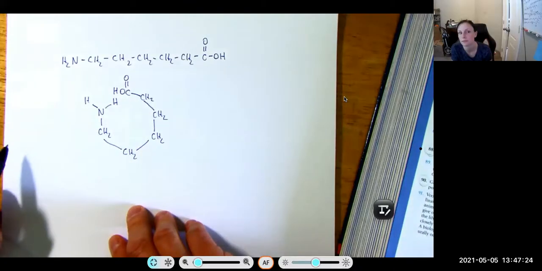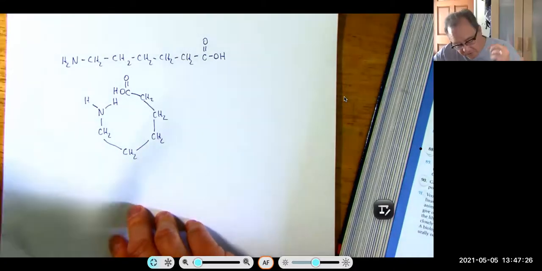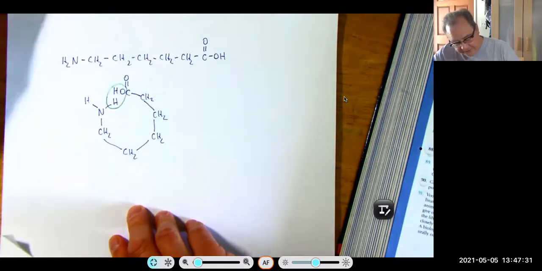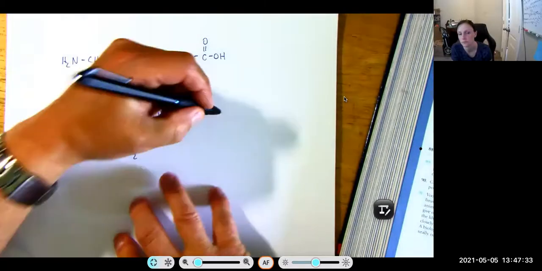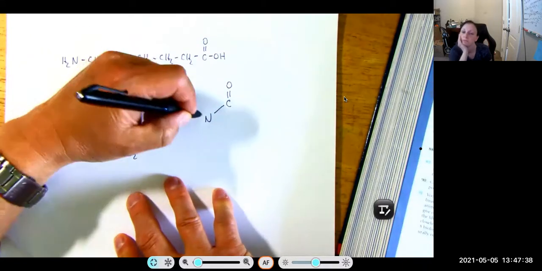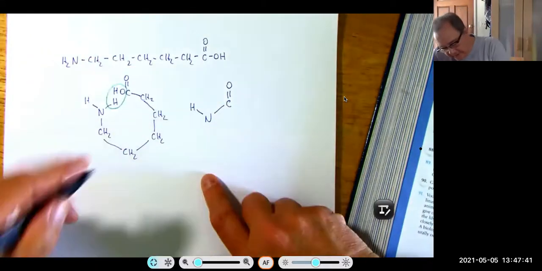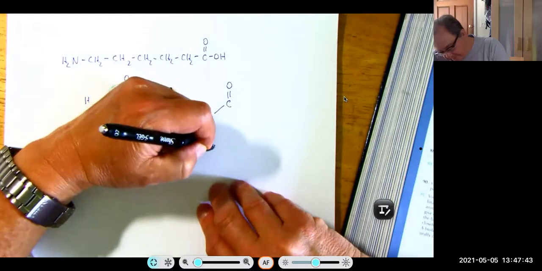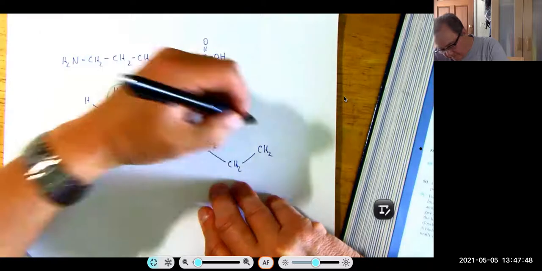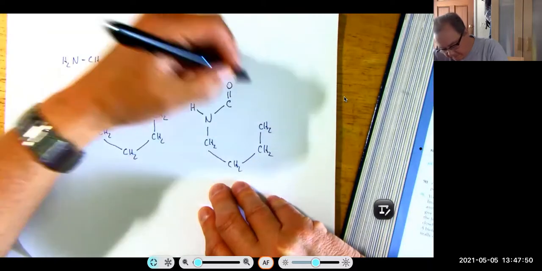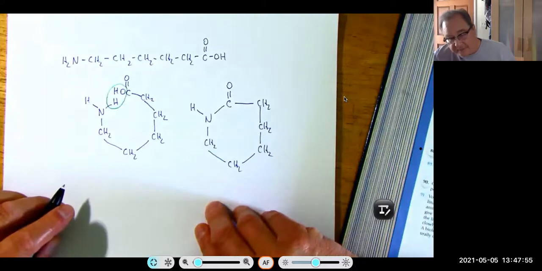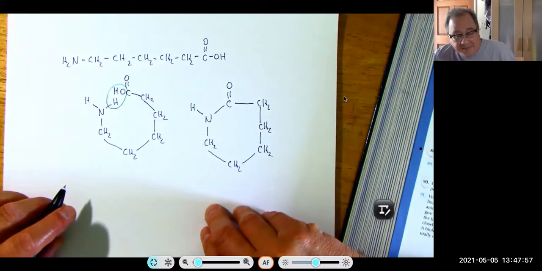Yeah. Okay. So can I take an OH off my acid and an H off of the nitrogen and make something that looks like this? A bond there. Can that happen?